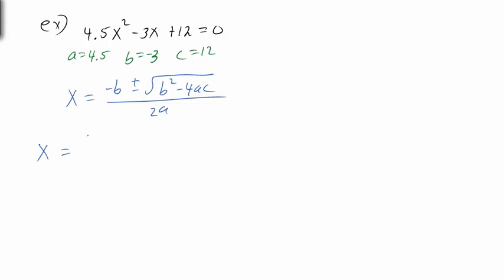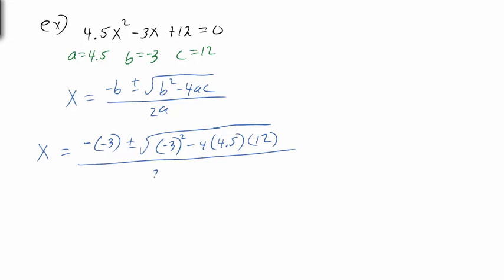So if we substitute in, we have a negative b, so that's a negative -3, plus or minus the square root of -3 squared minus 4 times 4.5 times 12. And again, all of this is over 2 times 4.5.